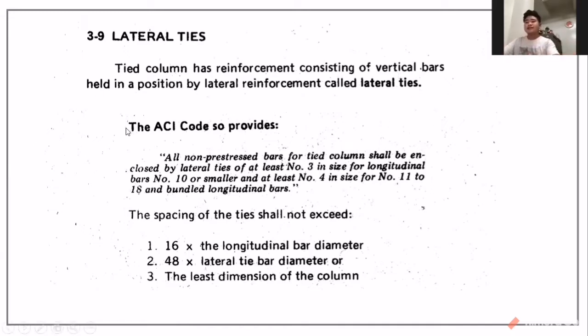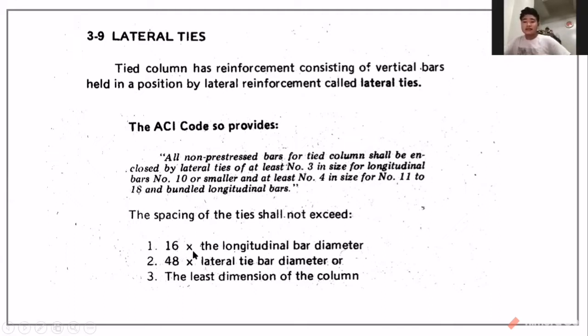The ACI code provides that all non-prestressed bars for tied column shall be enclosed by lateral ties of at least number 3 in size for longitudinal bars number 10 or smaller, and at least number 4 in size for number 11 to 18 and bundled longitudinal bars. The spacing of the ties shall not exceed this.